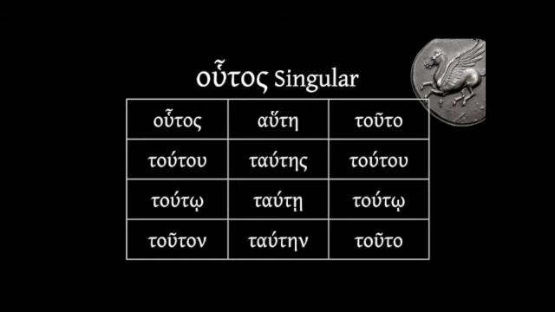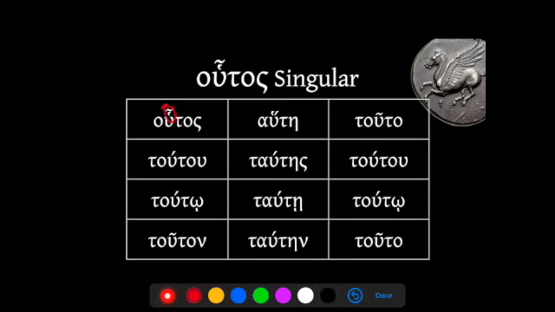First rule is note that every form is either going to begin with a rough breathing mark. And so we see the rough breathing mark in our nominative, singular, masculine, and feminine forms. And then if there's no breathing mark, it's going to be a tau. So we'll expect a rough breather or a tau in all the forms.